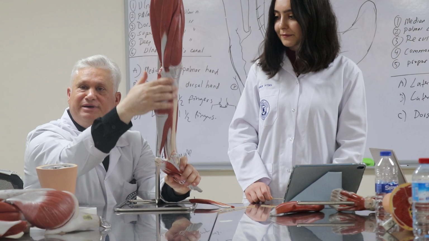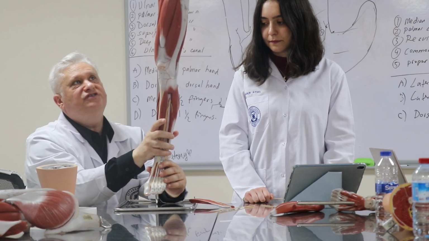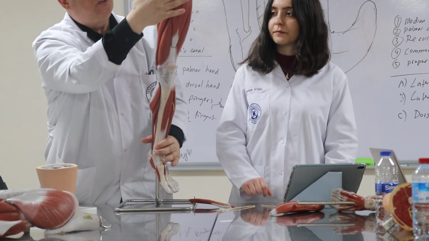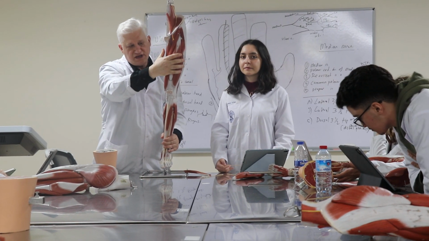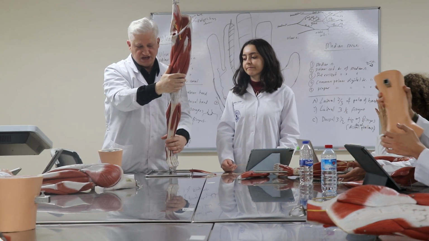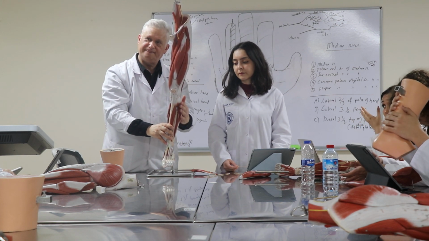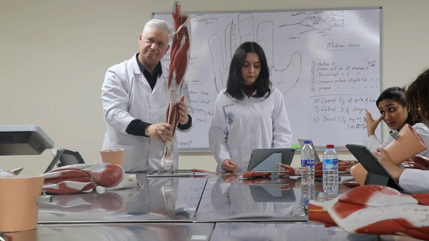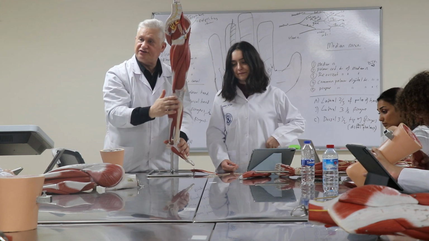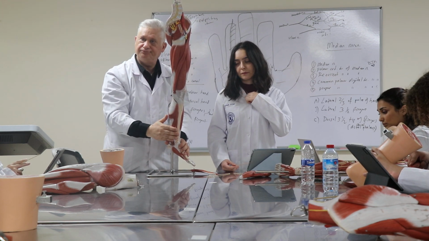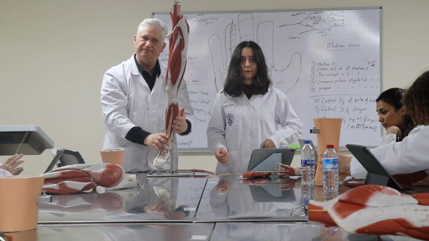On the medial aspect is the saphenous nerve. If you look at the dermatomes, skin innervation: this is L1, the most upper part of the thigh, then L2, L3. This is L4, the saphenous area, and this part here, the lateral part, is L5.